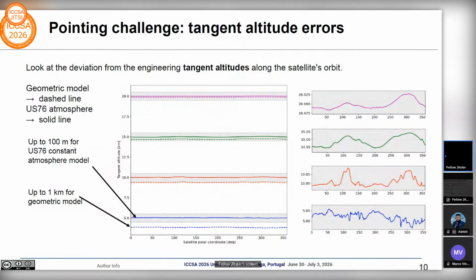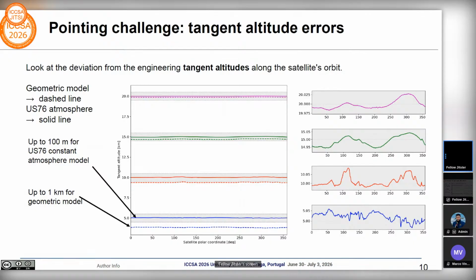Essentially, we look at four specific nominal tangent altitudes, over an entire orbit, using a geometric model in the dashed line, or a constant US atmosphere in the solid line.